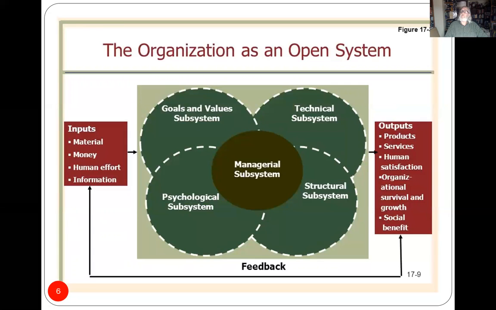Let's look at this notion of the open system a little more in terms of subsystems. And we can name these any way we want. We could go into an organization and say this department, the operations department, really is the subsystem that makes everything. So this is our operational subsystem.